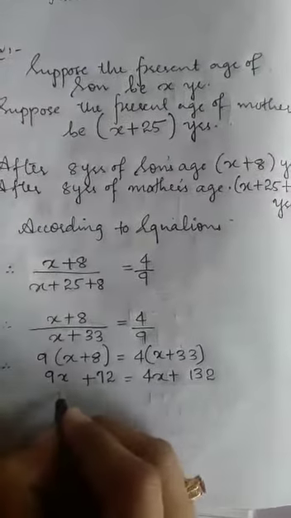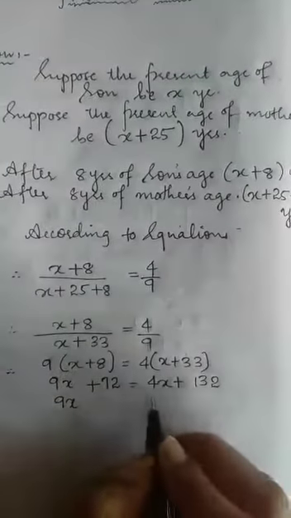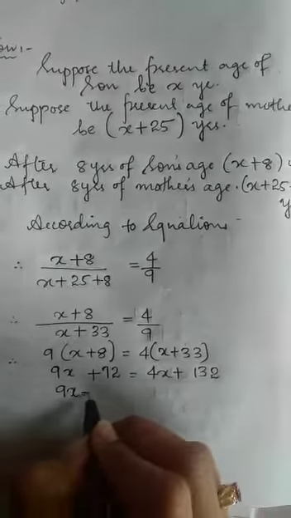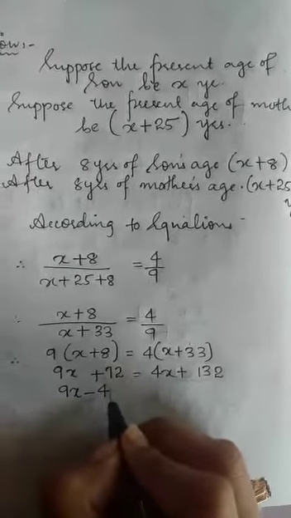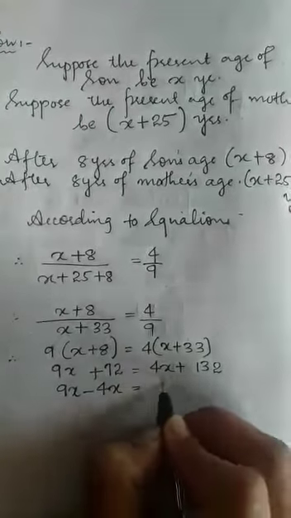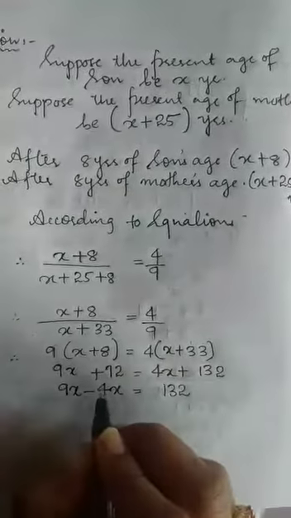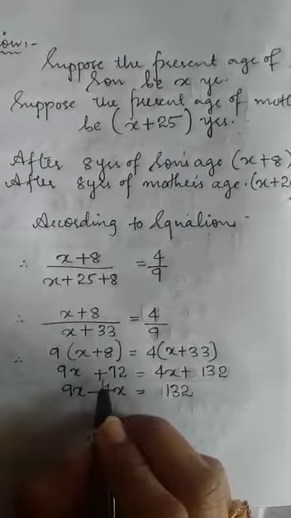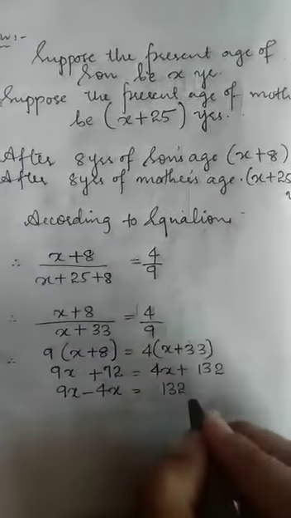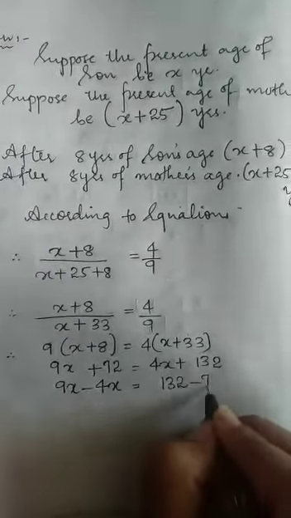So 9x, and 4x, which has a plus sign, will come in negative when taken to the left hand side, is equal to 132 as it is, and 72, which has a plus sign, will come in minus when taken to the right hand side.